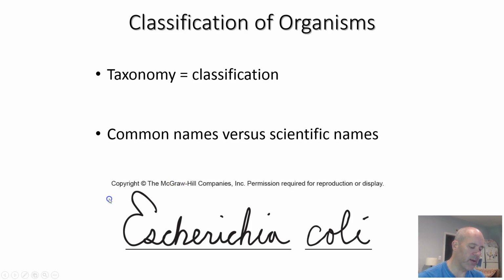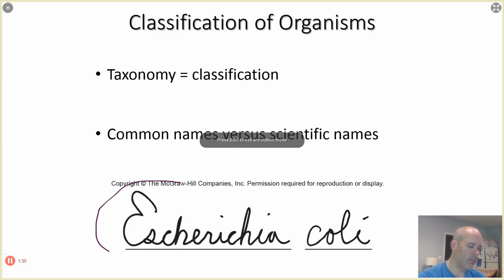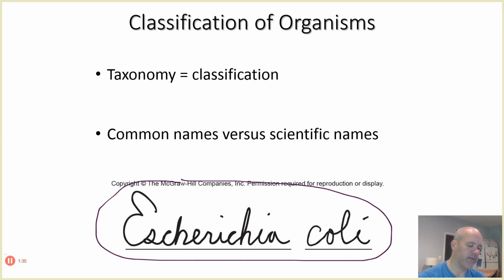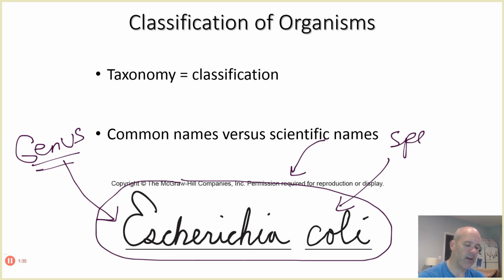All right, so all living things have a scientific name like this. Two parts. The first name is the genus name. Second name is the species.